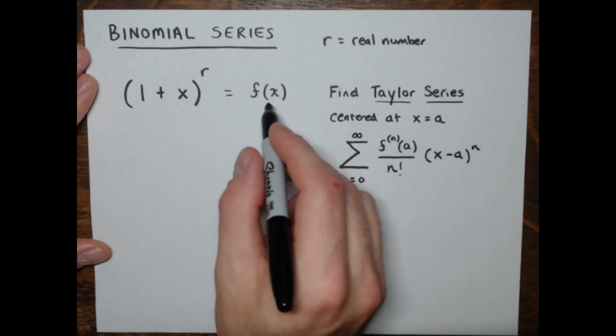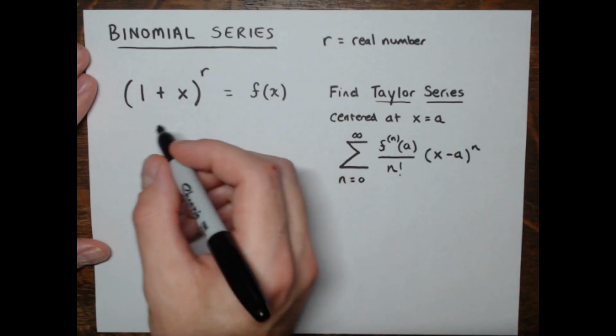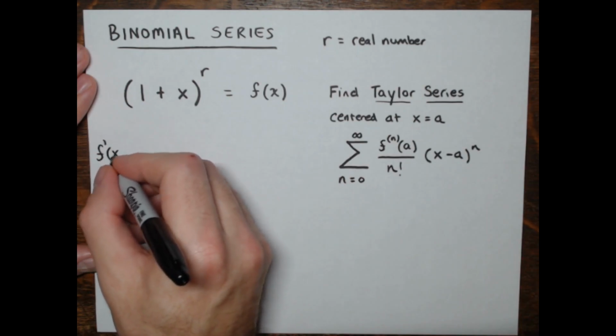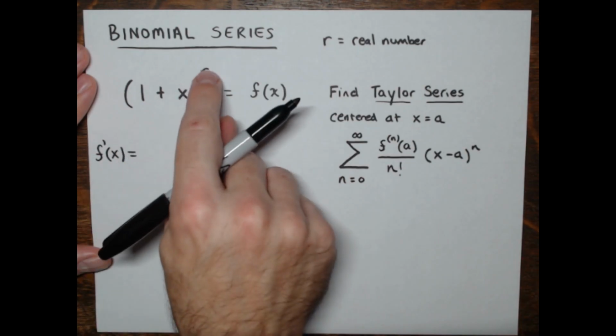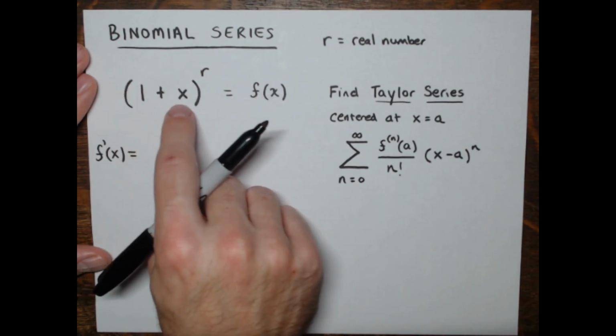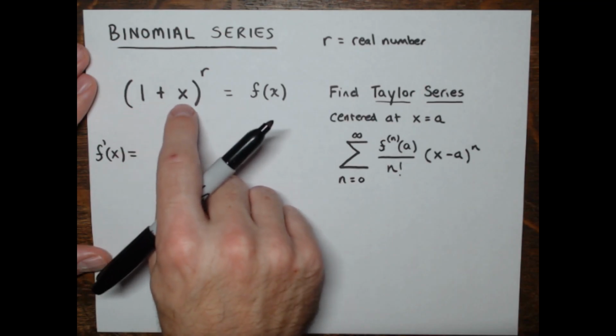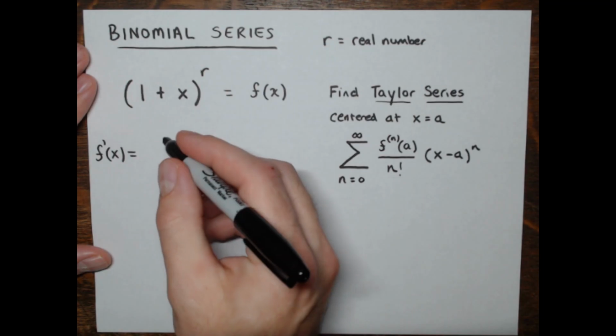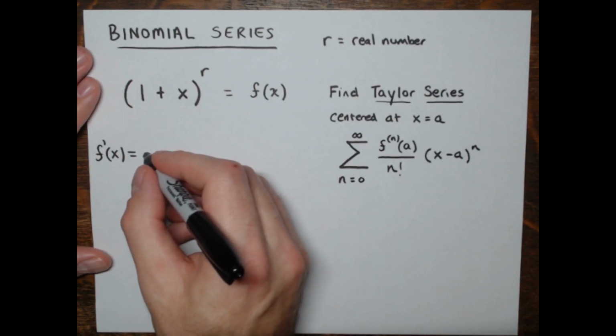So there's the 0th derivative. And then for every single derivative, I'm just going to be applying the power rule. And then chain rule would have me multiply by 1 if I'm differentiating with respect to x. So just doing the power rule over and over again.